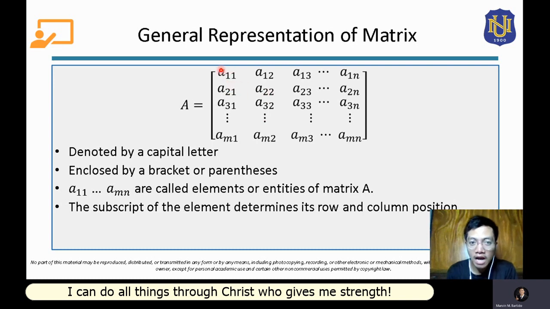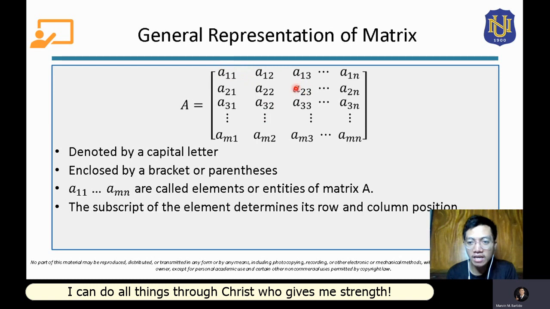For example, for A sub 11, the first subscript, which is 1, means it is located in the first row, and the second subscript means it is located in the first column. So this element is in the first row and first column.